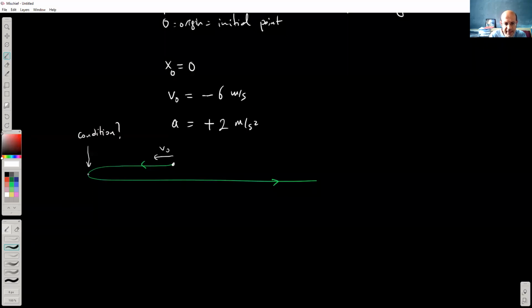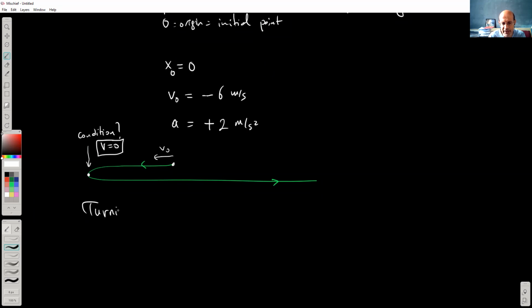that expresses the fact that the object has reached the farthest point on the left. And the condition is that the velocity becomes 0, right? So let me just write this thing down like that. The instantaneous velocity at the point where it turns is equal to 0.